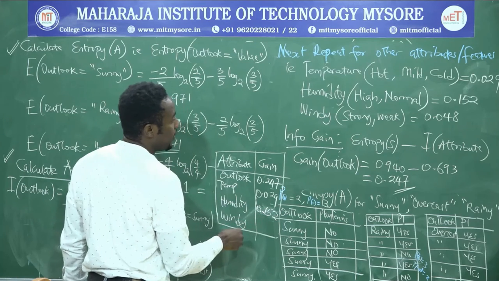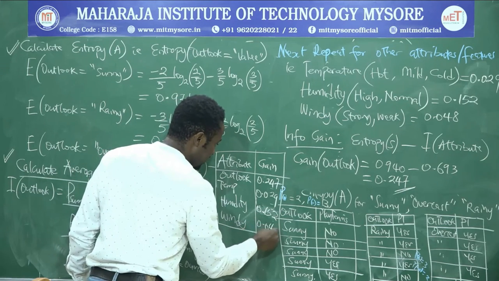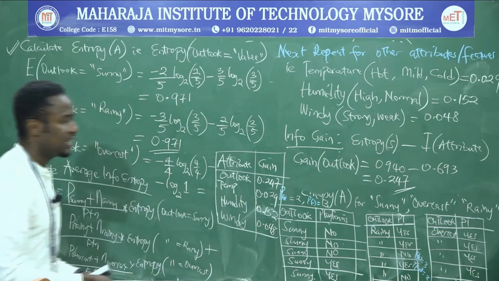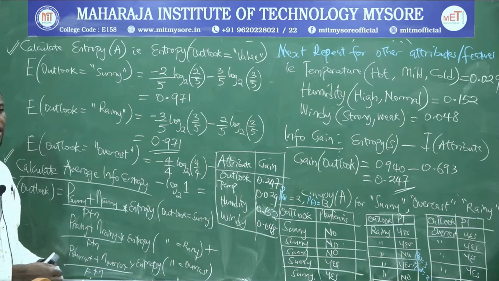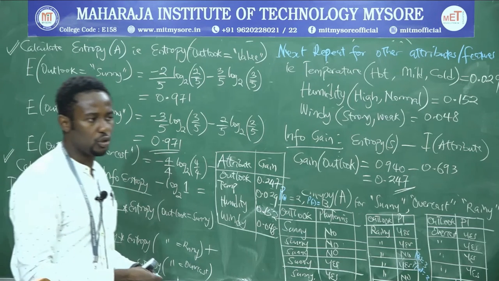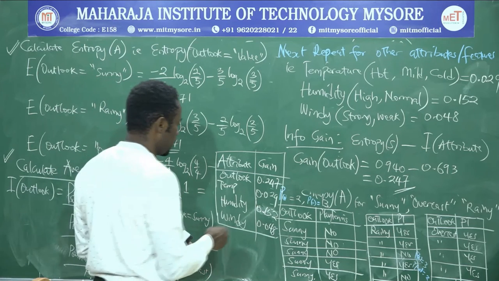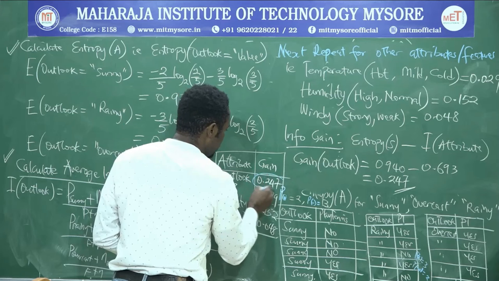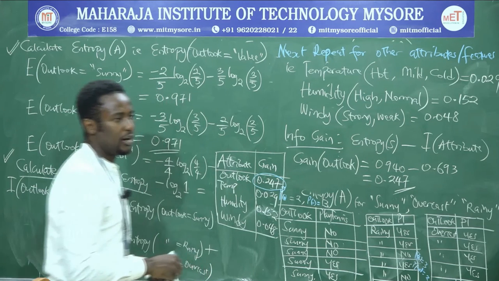Everyone knows that the one with the highest information gain becomes the root node. So which one has the highest information gain? That is outlook. So I circle it now.